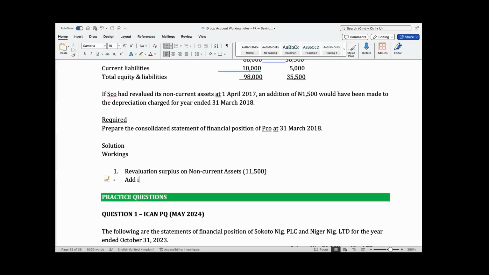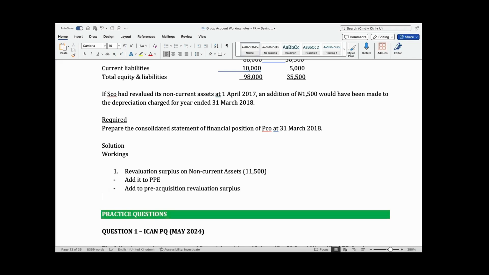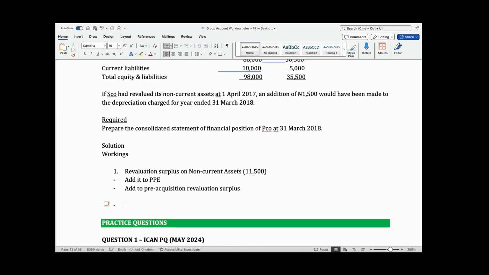We're going to add it to PPE, and also add to pre-acquisition retained earnings.